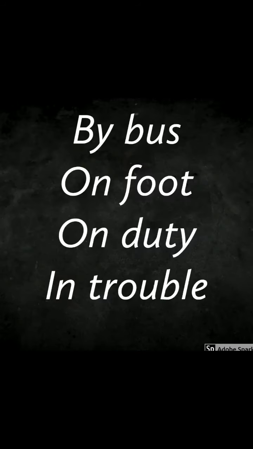Articles can be omitted with phrases that start with to. For example, to go home, to be at fault. They can also be omitted with phrases like by bus, on foot, on duty, in trouble. Children, you know the meaning of a sentence can completely change with the omission of an article.